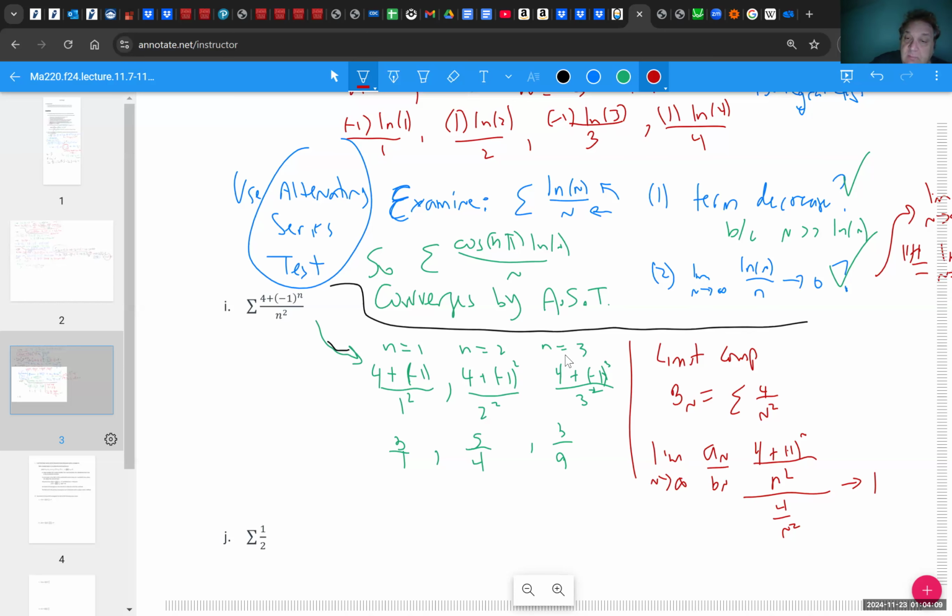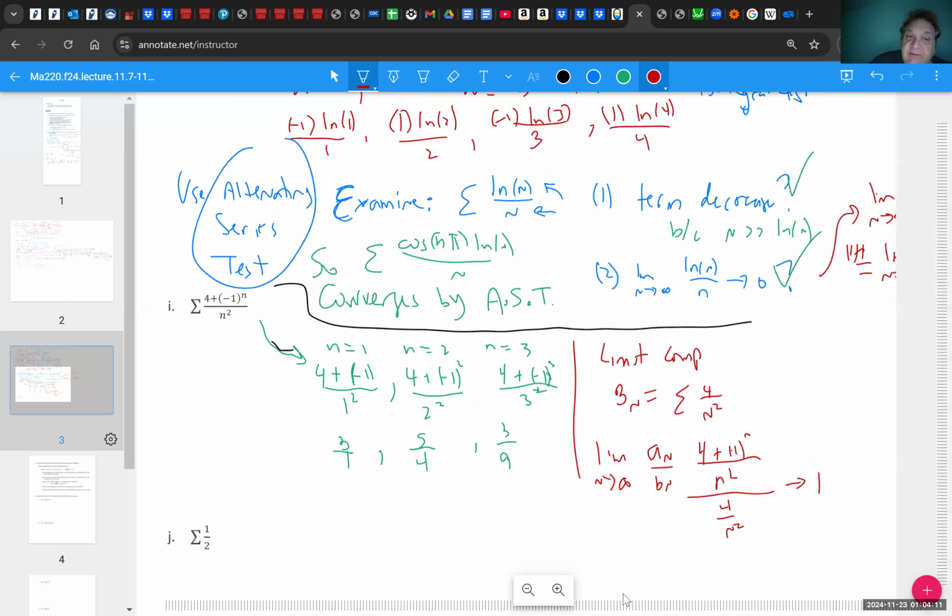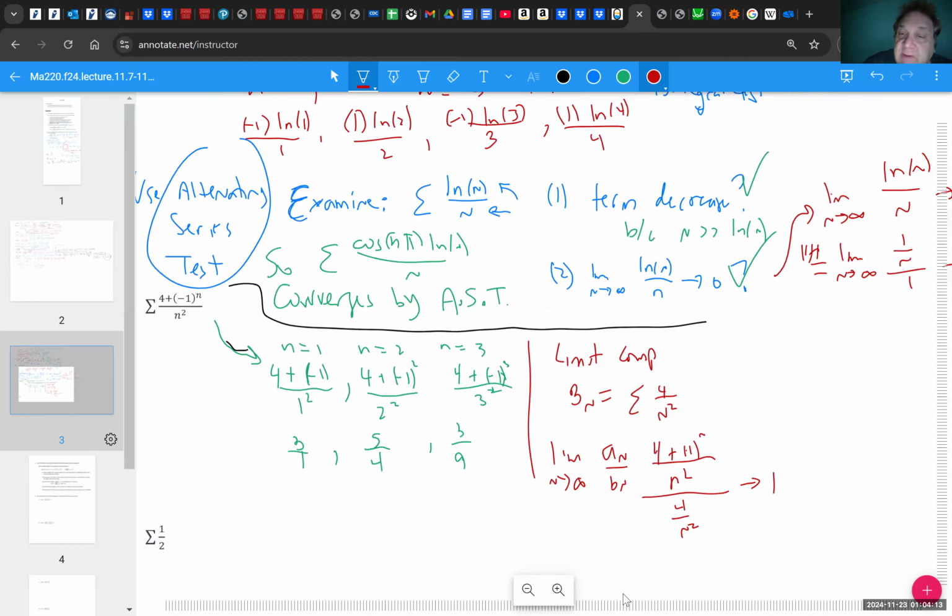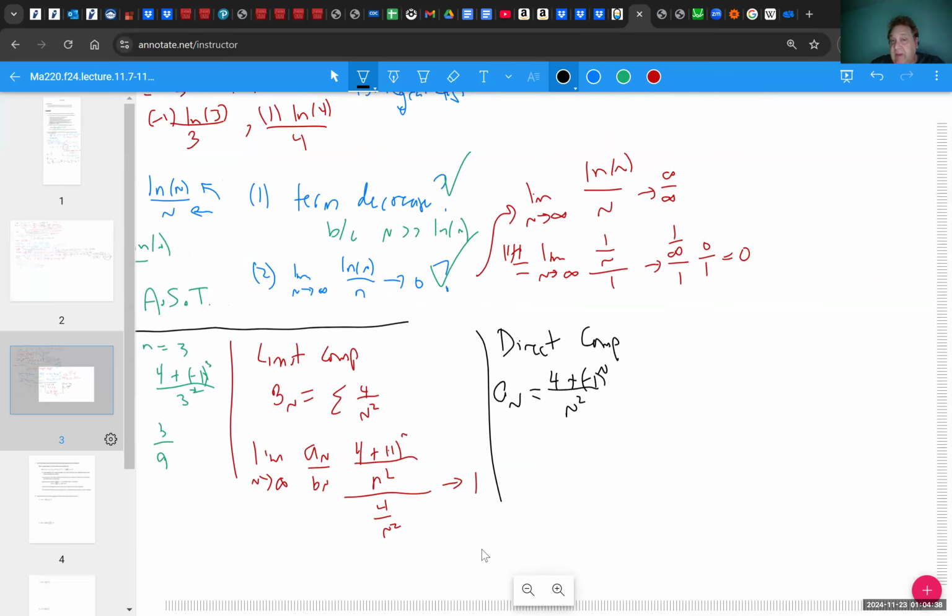All right, so for the direct comparison test, I'm going to rewrite this series right here. Our original sequence that we're taking a series of is 4 plus (-1)^n over n squared. To do the direct comparison test, you first have to have an idea of whether you think this converges or diverges, because it changes what our bn is.